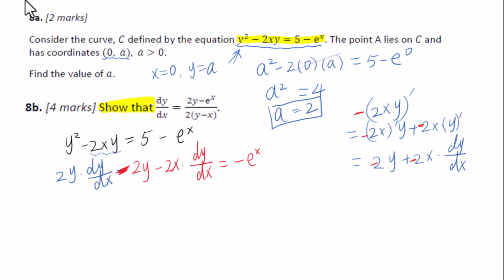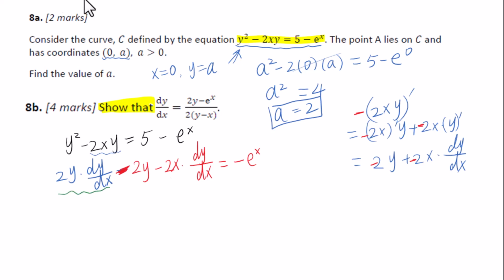Then we need to solve for dy by dx. When you solve for dy by dx, remember it's always a linear equation. We need to isolate the variable on one side.